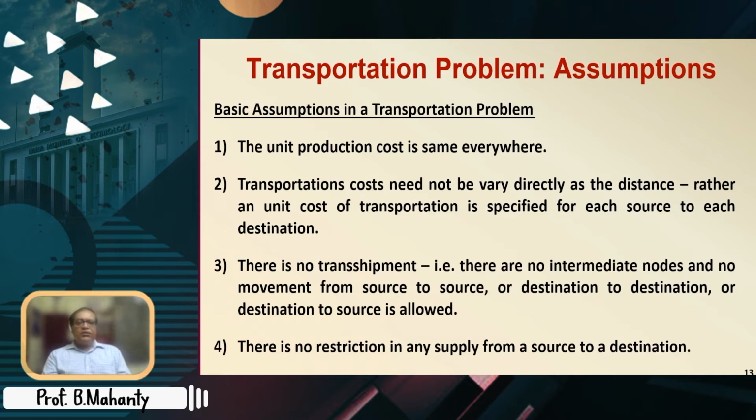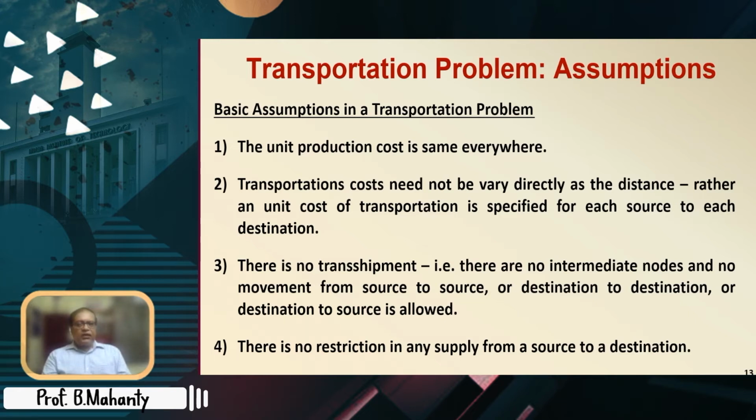There is no transshipment. You see, transshipment is a very important term. Now there are many types of transshipment. One type is where there are intermediate nodes. So we have the sources, maybe a few sources, and material is sent to the destination. So one source to one destination, but maybe there are intermediate nodes, right?